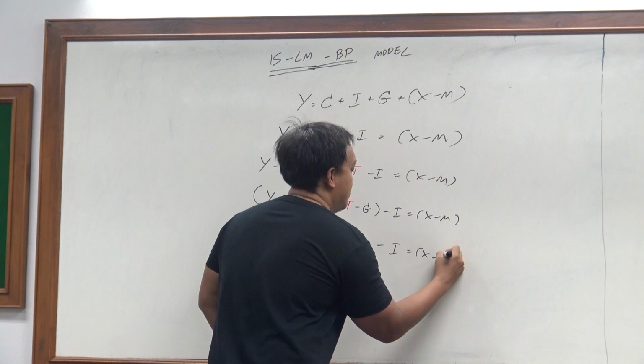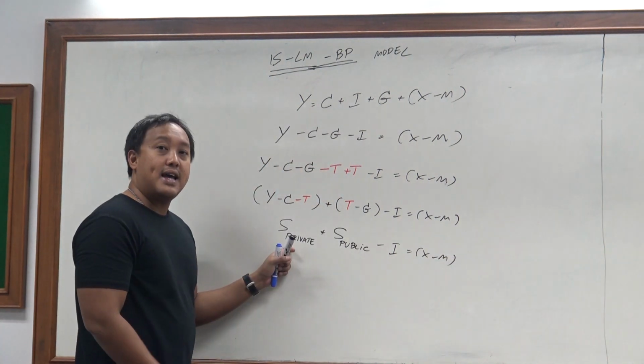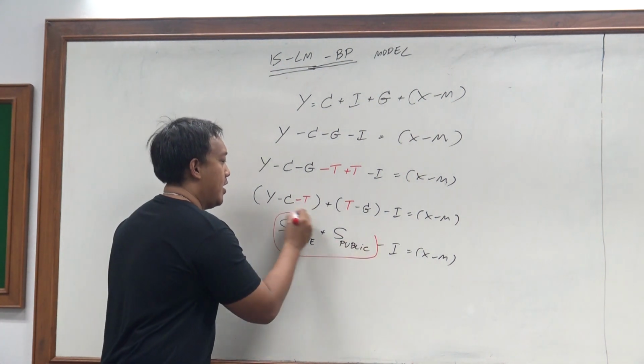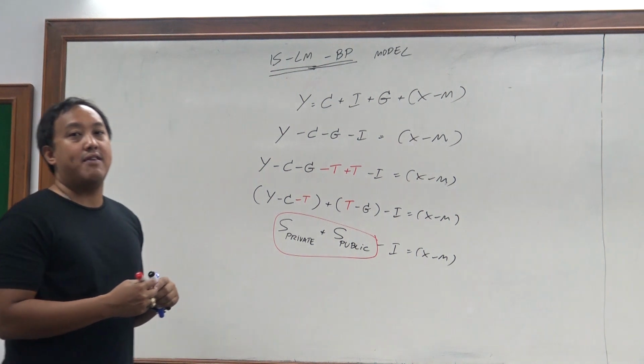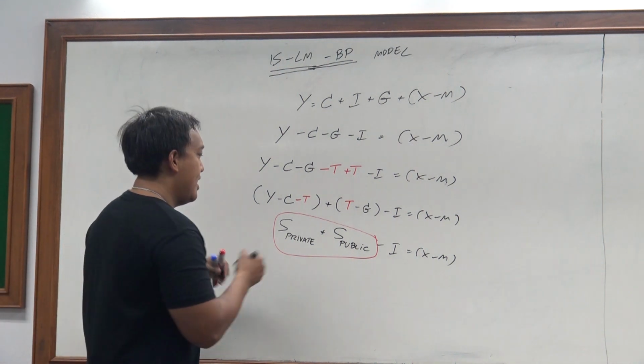Minus I equal to X minus M. And again, private saving combined with public saving. If we combine private saving and public saving together, then we get saving for the whole country.